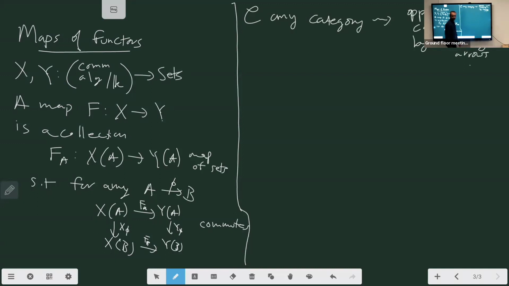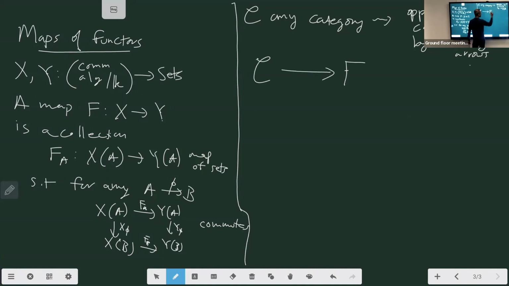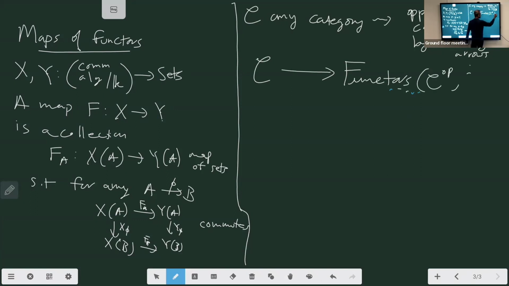So it's going to be more convenient for me to write things in terms of the opposite categories, just for psychological reasons. So you have a functor which goes from C to functors from C op to sets. Right? Functors from C op to sets.